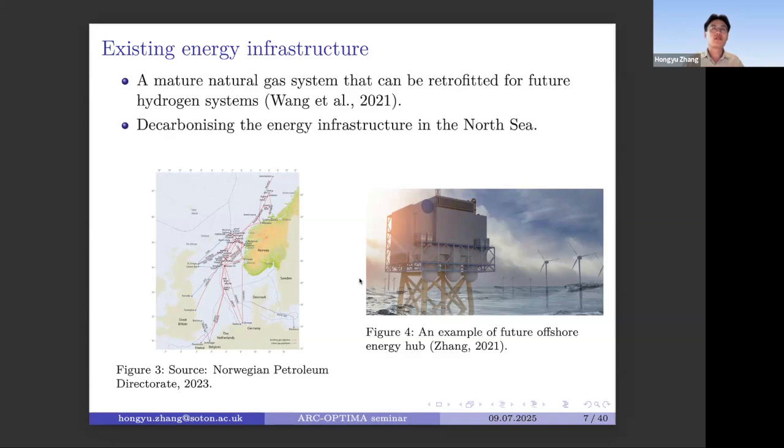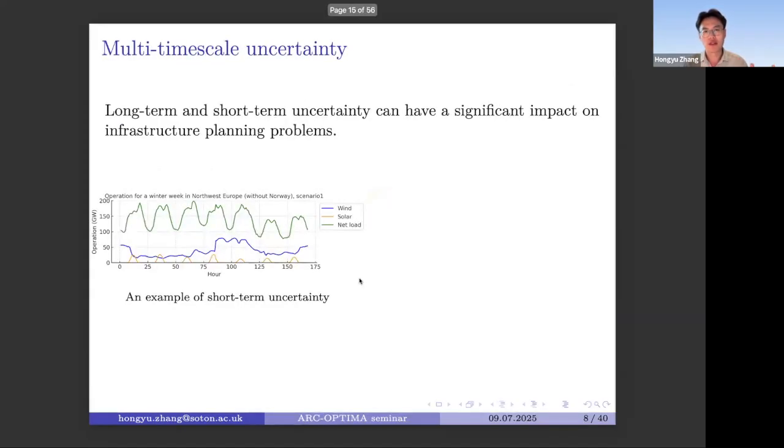So I think now it's not hard to find that we are targeting a long-term planning problem, and we want to meet certain emission targets. And if you think about it, for these types of problem, we are facing uncertainty from two different time horizons.